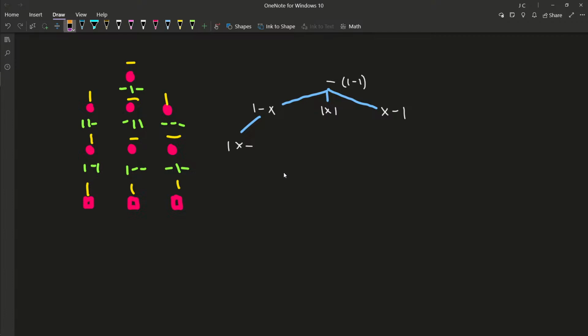But let's just keep on this branch, right? Because doing that computation is a huge pain in the butt.